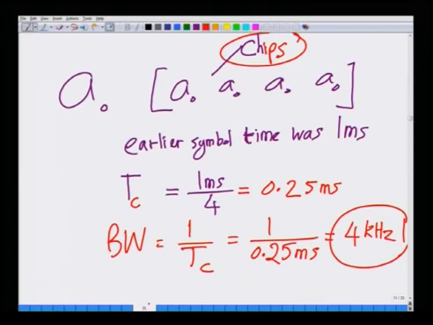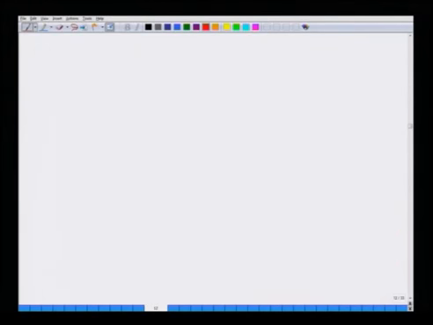We are still transmitting symbols at 1 kilobit per second. However, now because we are multiplying with the code, that is increasing the bandwidth. We need a bandwidth that is now larger, that is 4 kilohertz. So, let us look at how this system looks.